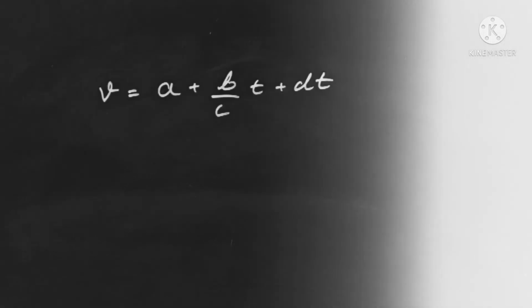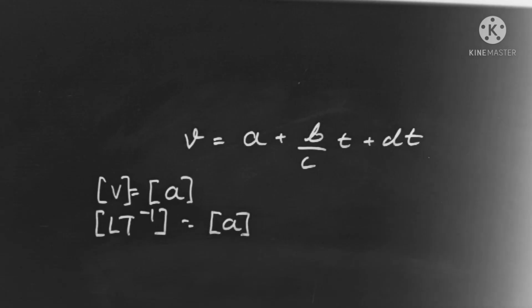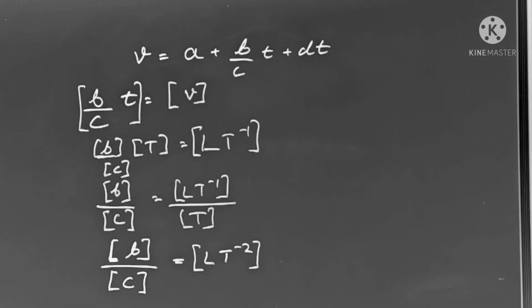We know according to the principle of homogeneity, like adds like. So the dimension of V or velocity is equal to the dimension of A, because A is added to B upon Ct plus dt and is equal to the dimension of V. Therefore, the dimension of V is equal to A. Now, let us look for B upon C. So the dimension of B upon C comes out to be L T minus 2.